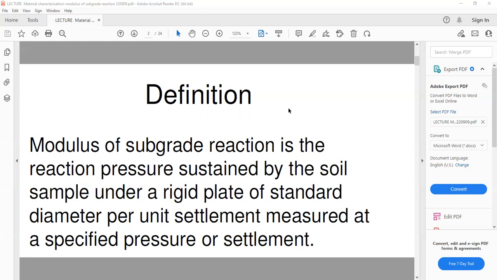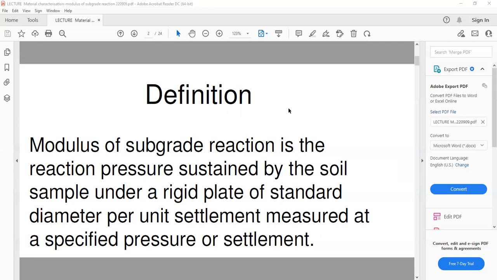Now, we all know that whenever a vehicle passes, it applies a load, it transfers a load through its tire to the pavement.